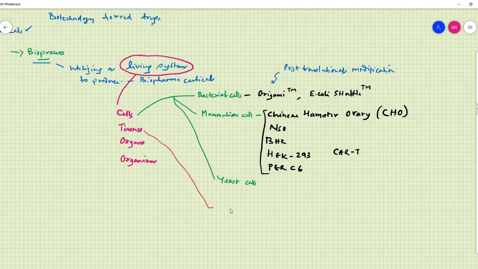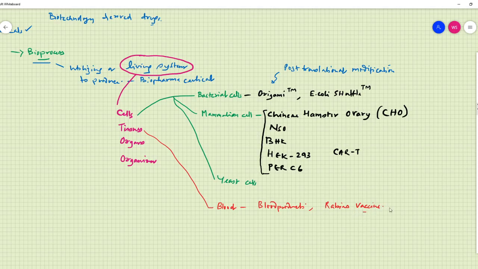Tissues. Okay, so we can use maybe blood as an example. From blood, we have got blood products. Okay. We can also talk about maybe the rabies vaccine.